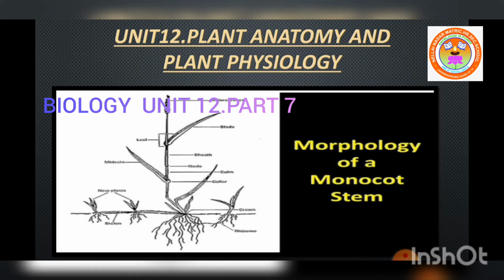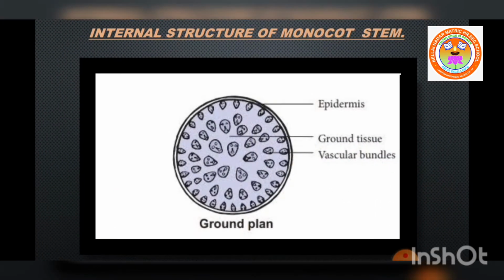Let me see the internal structure of monocot stem. The outline of the maize stem or monocot stem in transverse section is more or less circular. Internal structure of monocotyledonous stem reveals epidermis, hypodermis, ground tissue and vascular bundle.